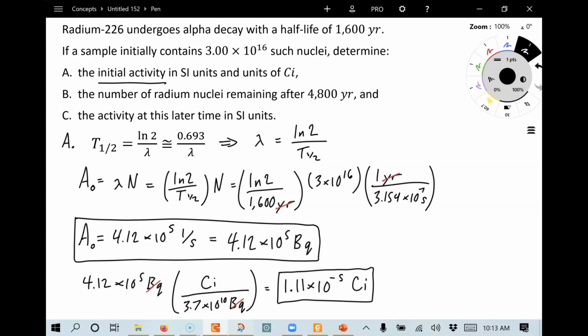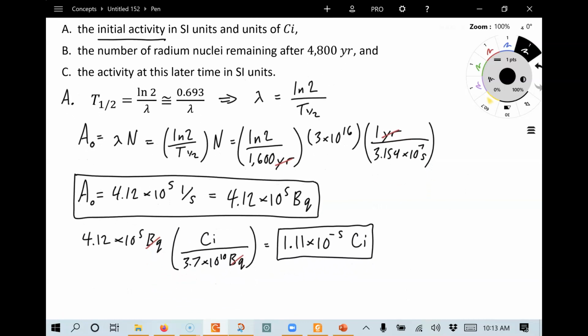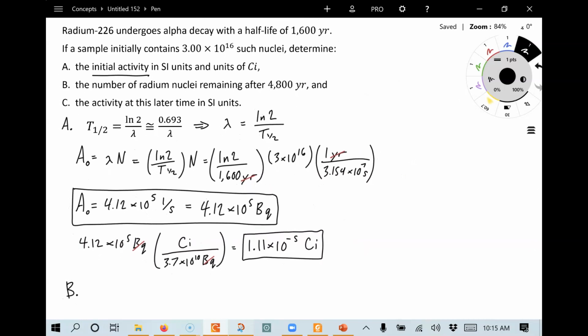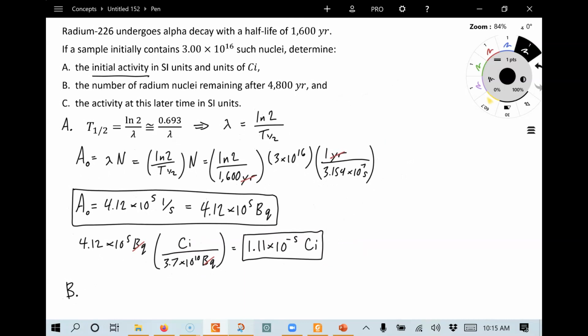All right, let's look at part B here. The number of radium nuclei remaining after 4,800 years have elapsed. So we started out at t equals 0 years. And at that time, we had 3 times 10 to the 16th nuclei.